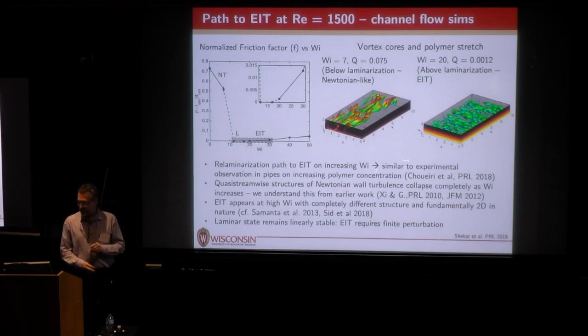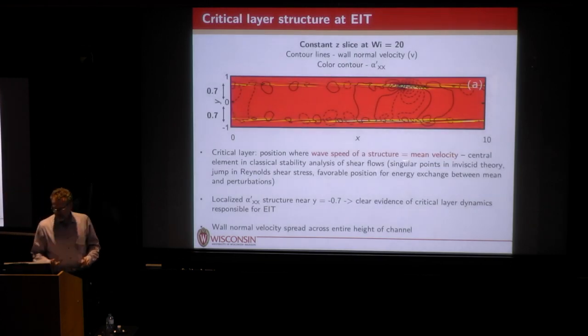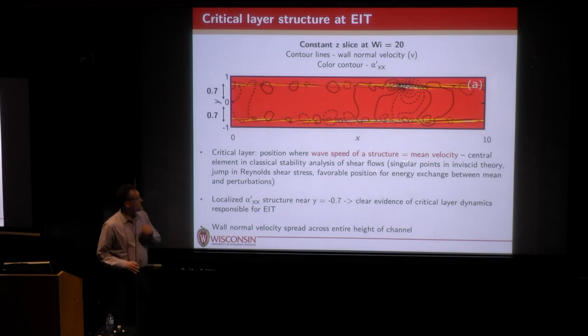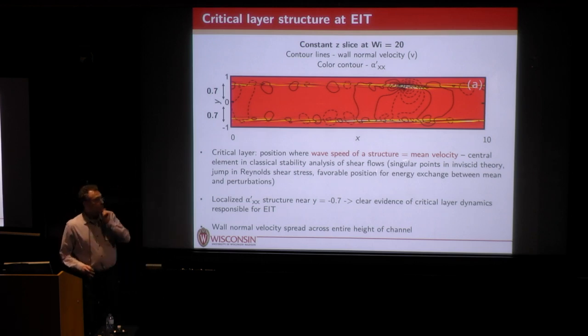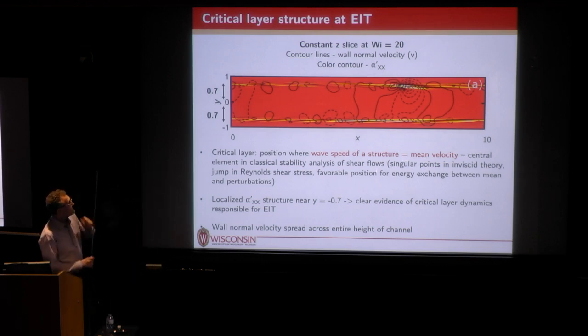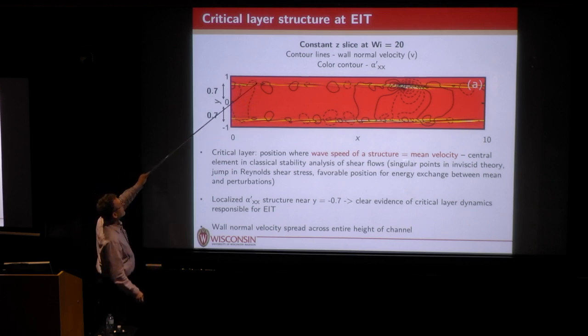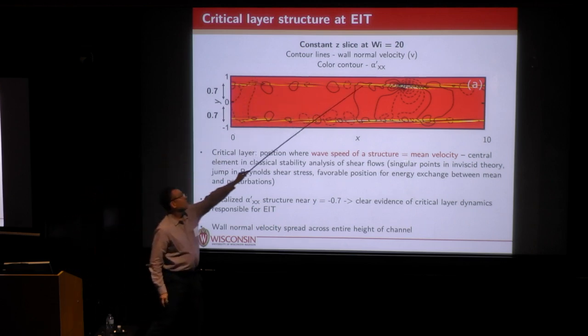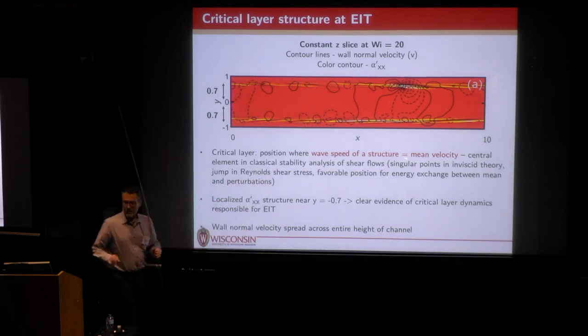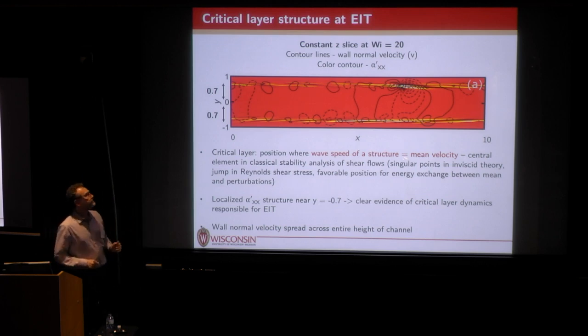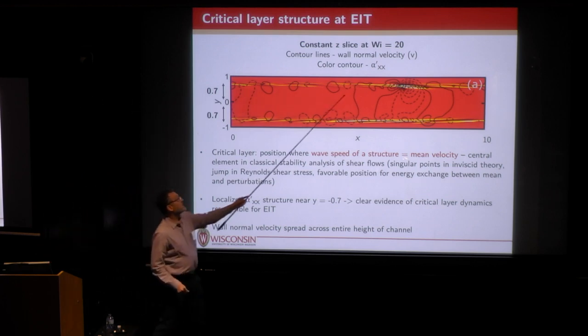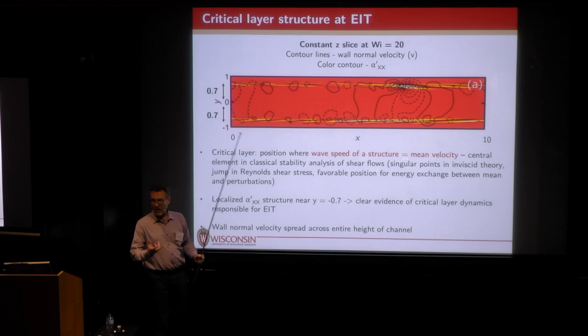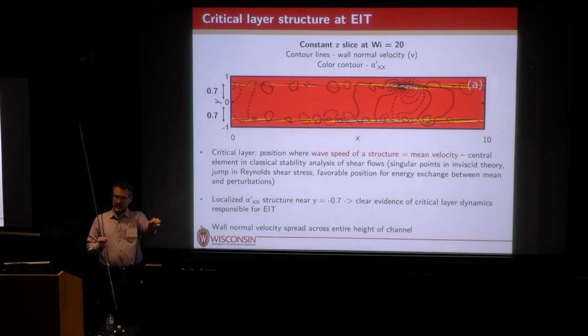So we can take a slice of the velocity and stress fields, and this is a snapshot of that. What's really striking about this is the following. The color contours are the polymer stretch fluctuations, and the XX component is the largest component. That's the polymer stretching in the streamwise direction.